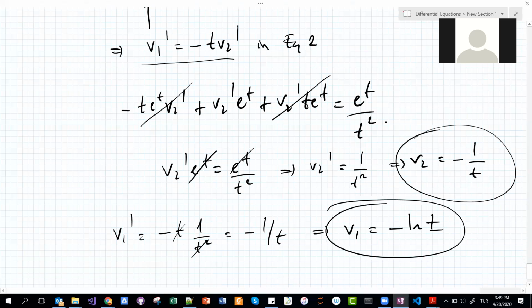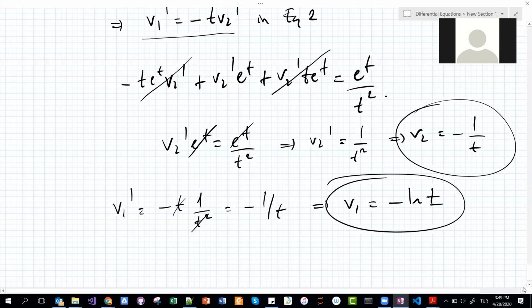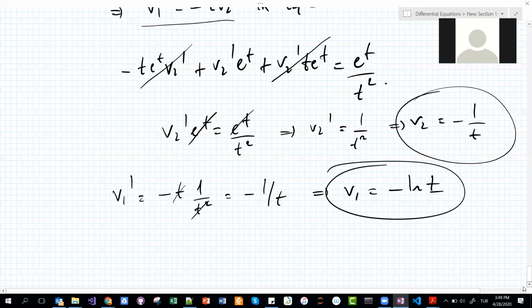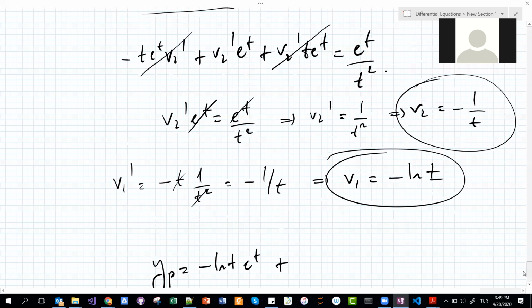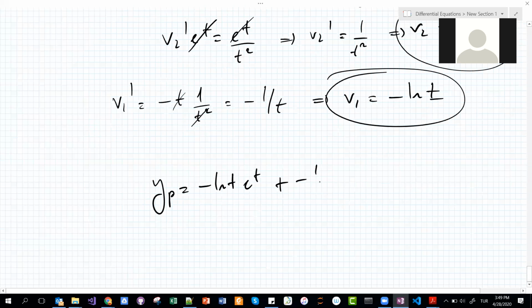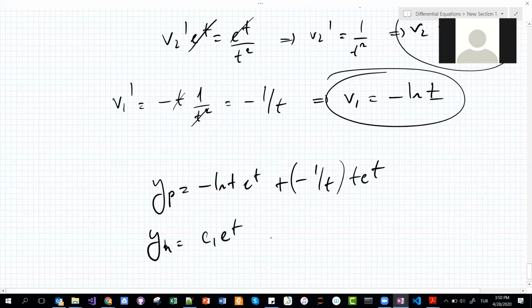That's how I'm going to find the v1 and v2, and then just substitute them back to get what the yp is. yp is equal to negative ln t e to the t plus negative 1 over t times t e to the t. And then yh is equal to c1 e to the t plus c2 t e to the t.